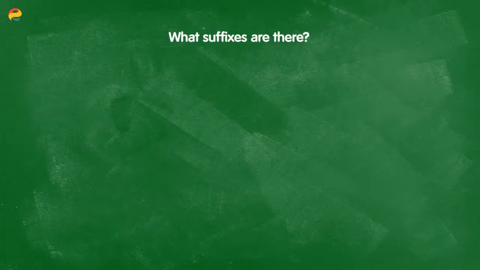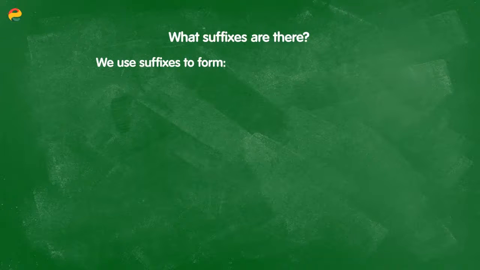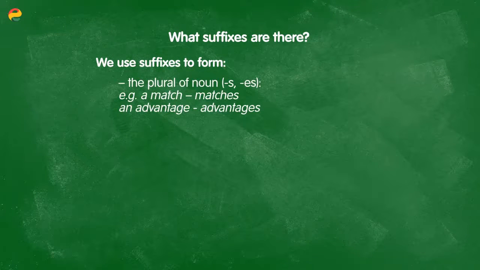The first suffix I want to look at is used to make a word plural. For example, the difference between a match and matches, or an advantage and advantages. This suffix, the s or the es ending, I know you've already seen a lot of.